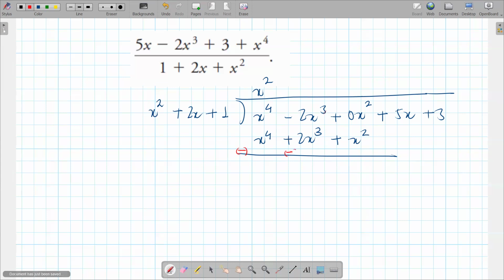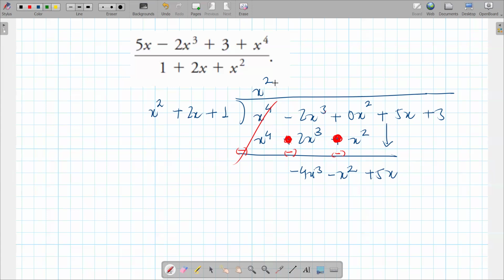When you subtract, all the signs change. x^4 minus x^4 is gone. Negative 2x^3 minus 2x^3 is negative 4x^3. 0x squared minus x squared is negative x squared. And since we canceled out something, we're allowed to bring the positive 5x down. And we're done with the first round.